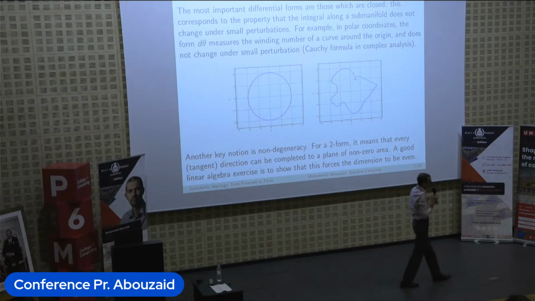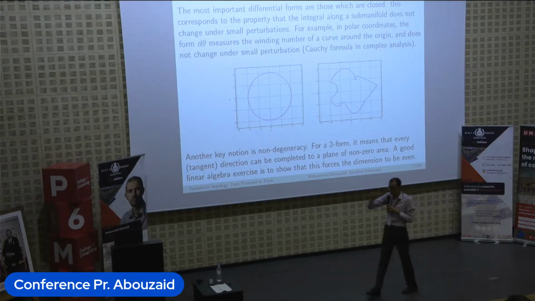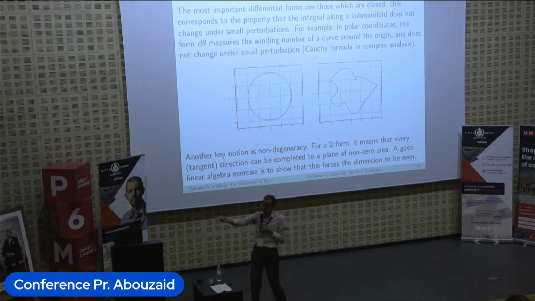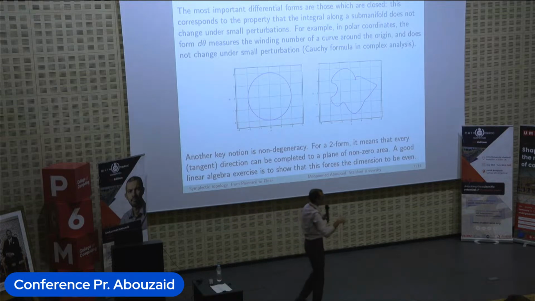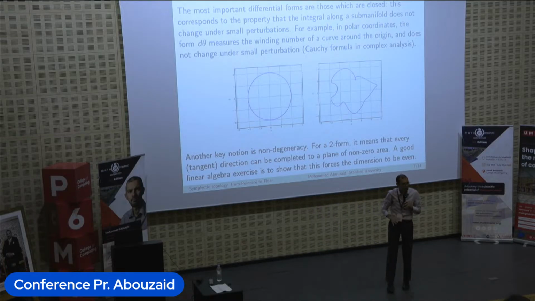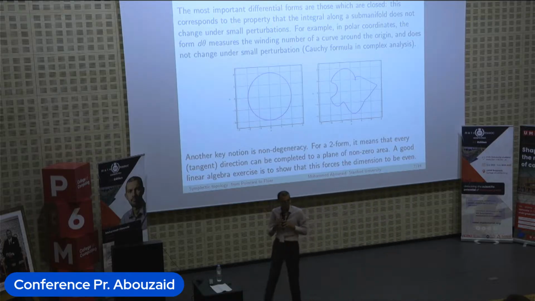So you cannot formulate non-degeneracy just in terms of one direction alone. It's a statement that says if you pick a direction, you can always complement it so that the integral is non-zero. If you did something more naive, like saying the integral on any two plane is non-zero, it's very easy to show that that doesn't make sense. You will never find something that satisfies this property, and this turns out to be the correct one.